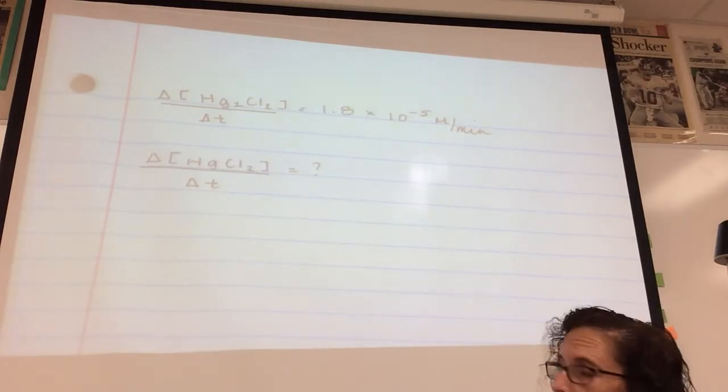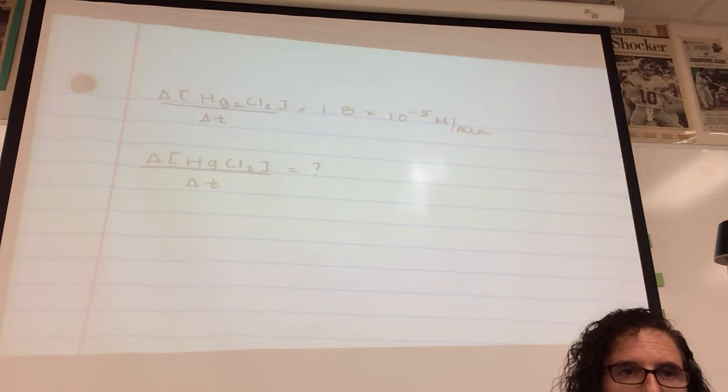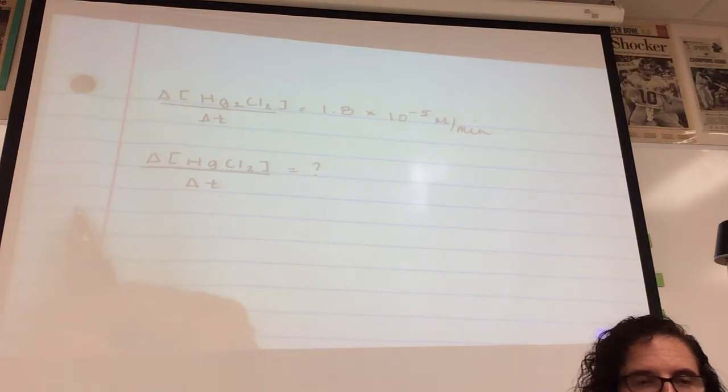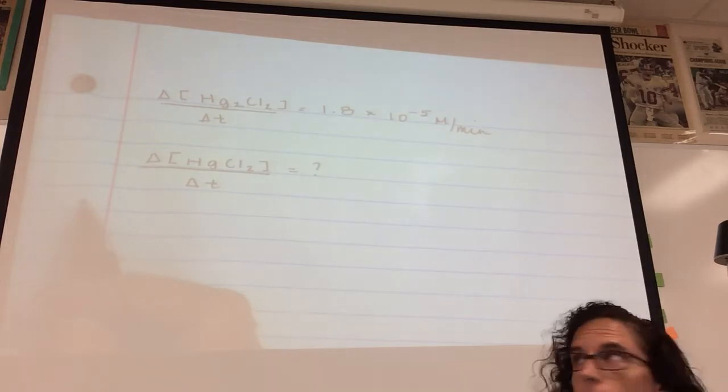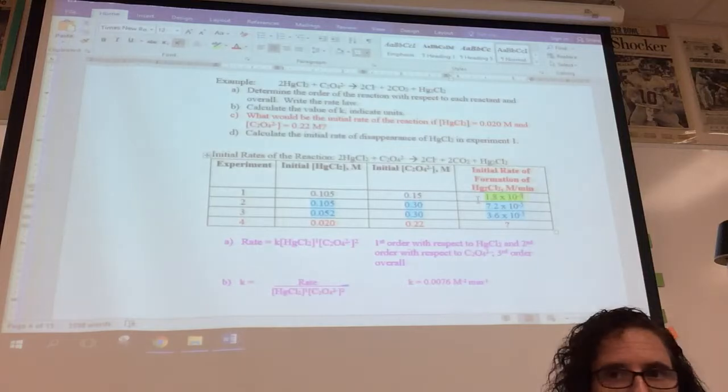So they want to know this. How do we write a rate equation from the balanced chemical equation? If you go back to your balanced equation, you're looking at the first reactant and the last product.